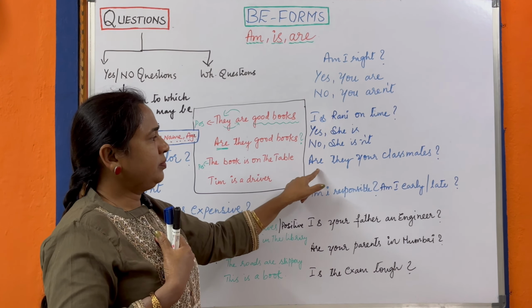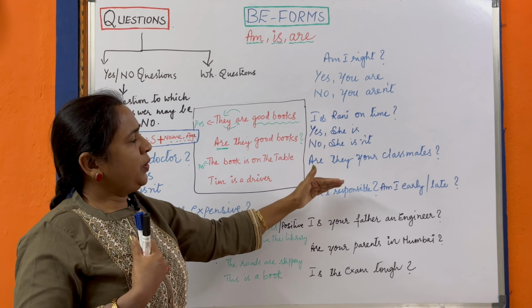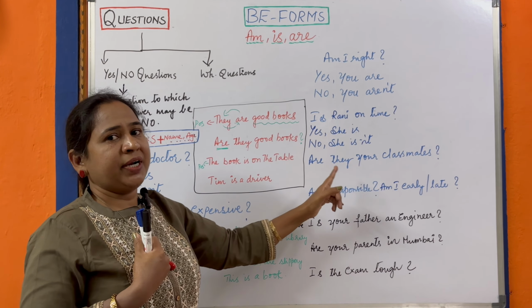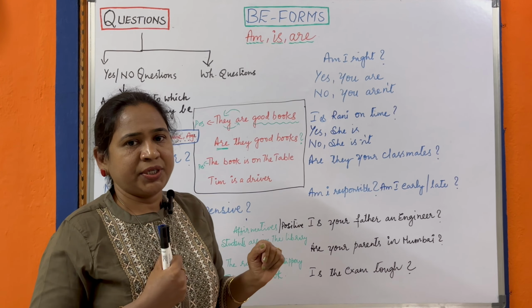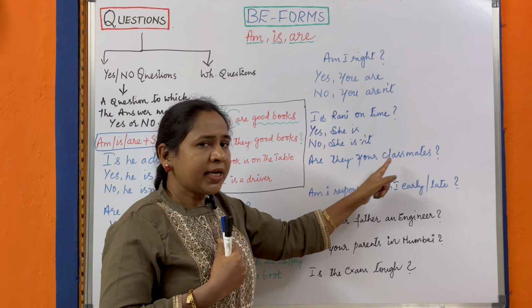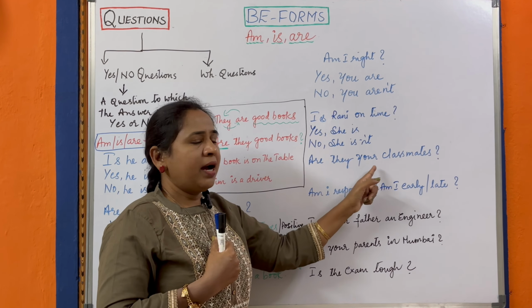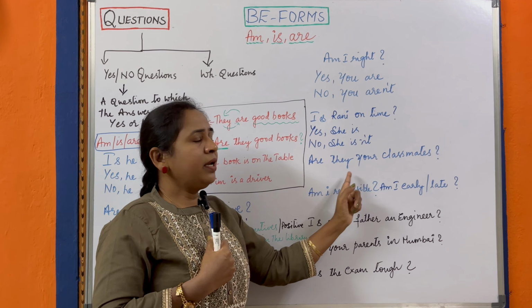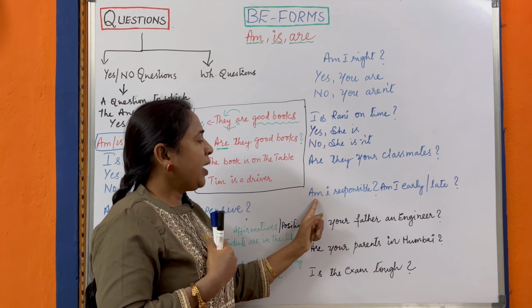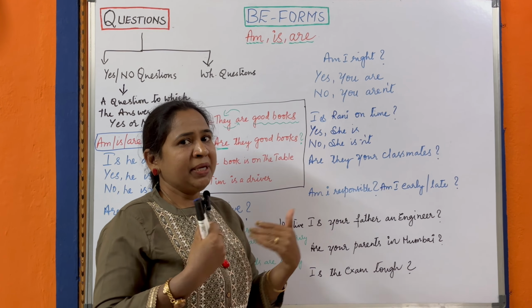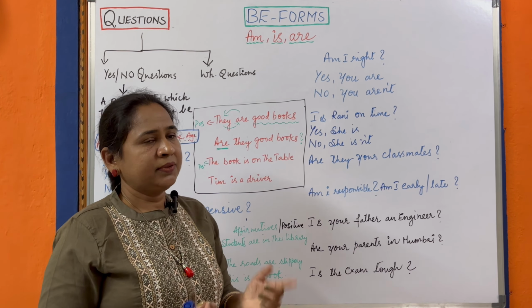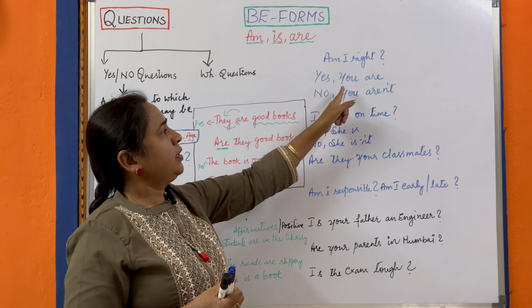Okay. Let us see some exercises where you are going to write the answers in the comment section. Okay. Are they your classmates? Yes, they are. No, they aren't. Okay. Am I responsible? Am I responsible for this mistake? How are you going to say? Yes, you are.